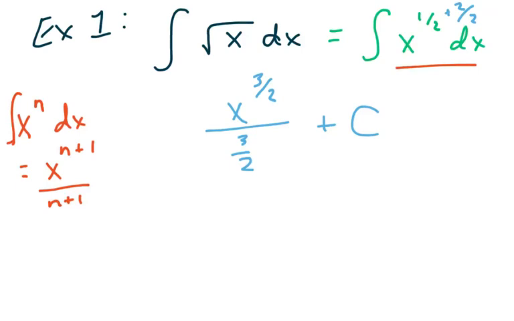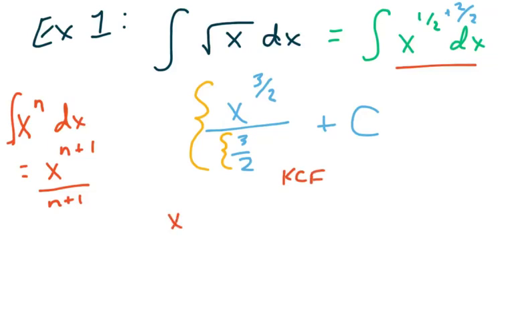Now, as in the past, if this was a free response question, you could leave your answer like this, but generally we don't like to have an answer where we get a fraction within a fraction, right? You see that we have this little fraction of 3 over 2 within this bigger fraction of our x to the 3/2 power divided by 3 over 2. So generally in this, hopefully you all are thinking, we could do a little keep, change, flip.